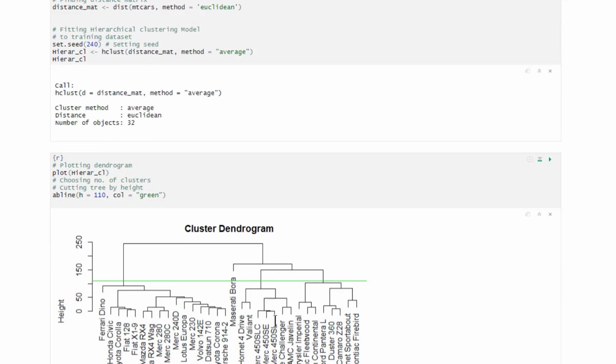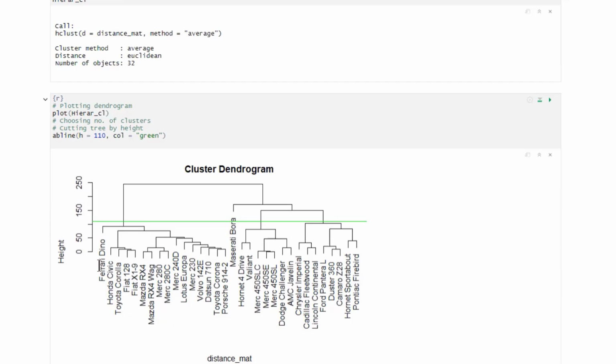So here is the cluster dendrogram, and we can see the different cars have been clustered together. And if we draw a horizontal line at height equal to 110, we see that it clearly breaks the observations into two big clusters and one car that forms an outlier, or a third cluster.